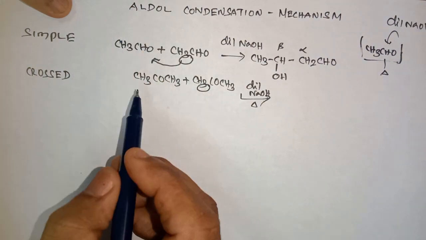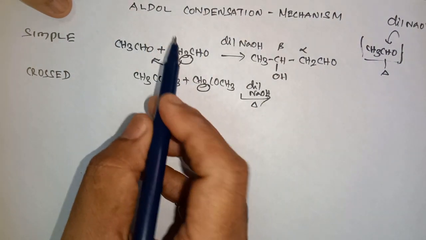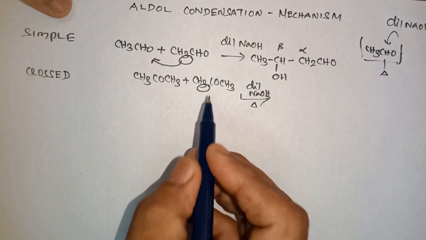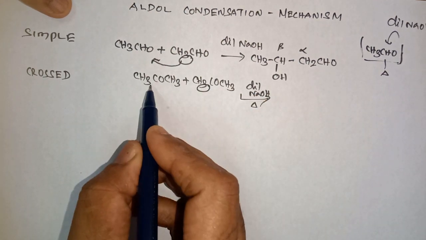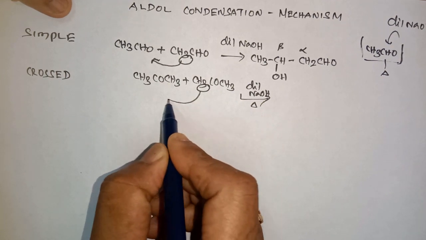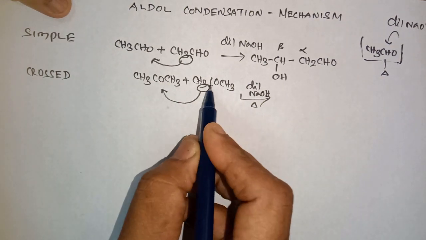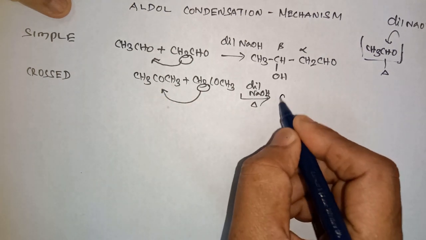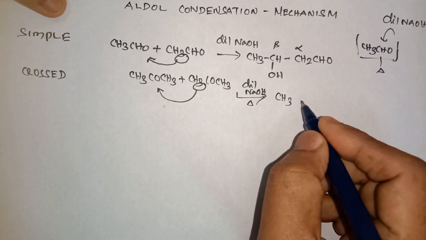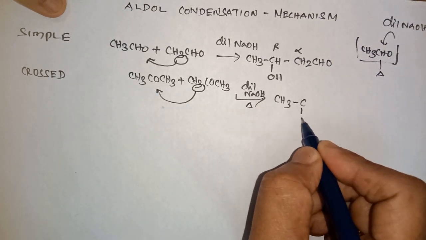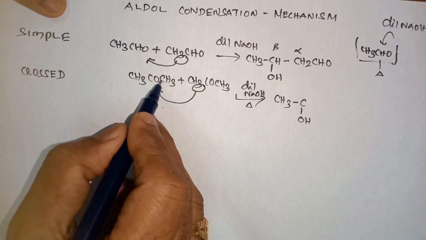You all know the condition for compounds to involve in aldol condensation. They must contain at least one alpha hydrogen. You see, alpha hydrogen is there. This one also contains alpha hydrogen, but you don't bother about this. This alpha hydrogen adds to this oxygen and it becomes OH, bonded with the carbon. Now I can write it: CH3, C, OH, this CH3.